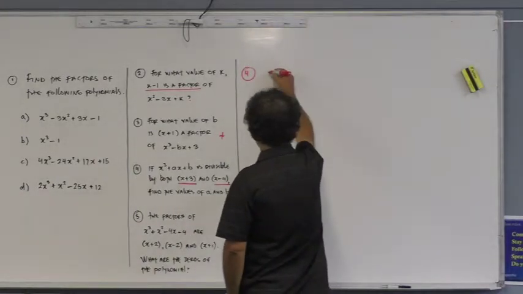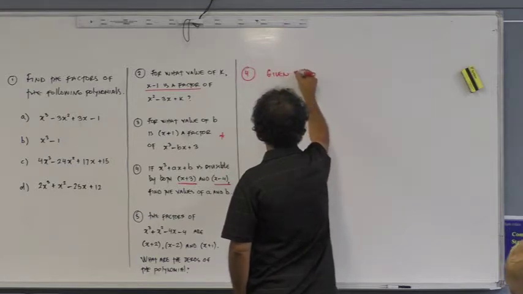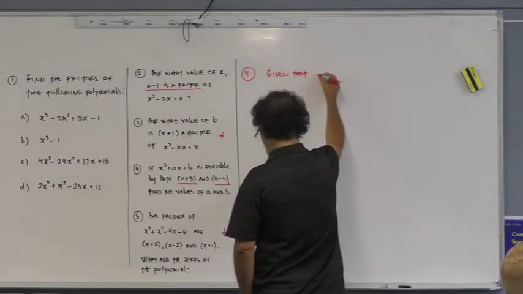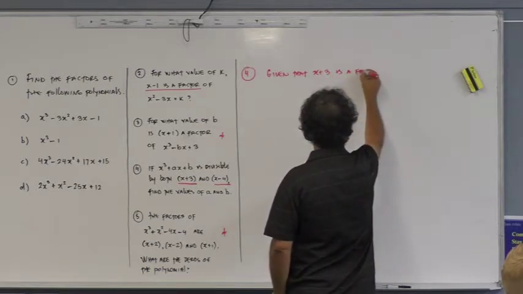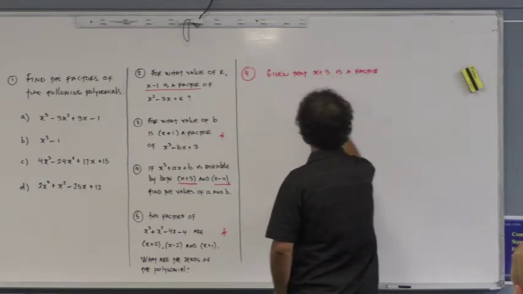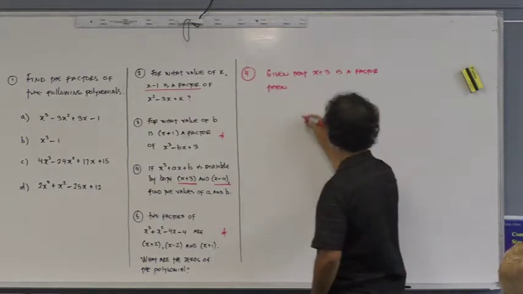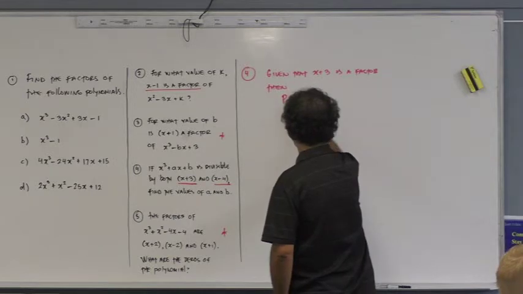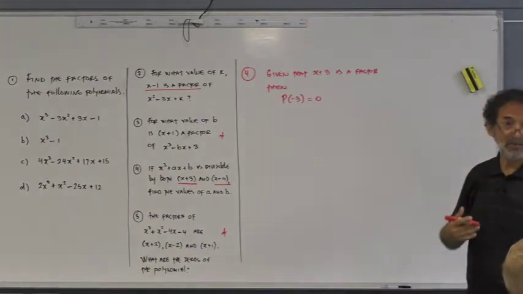Okay, we're going to say, given that x plus 3 is a factor, then we know that p of negative 3 must be equal to 0. Otherwise, it wouldn't be a factor.